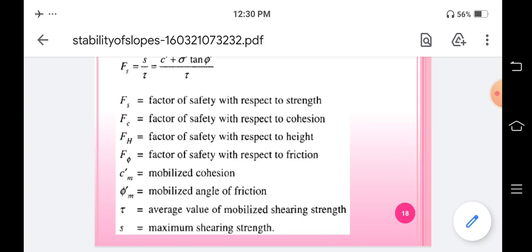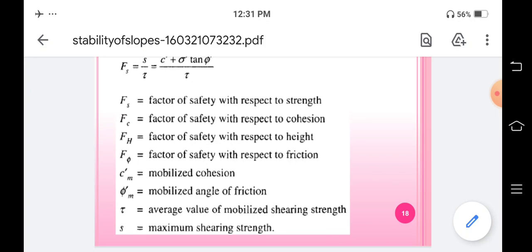First, with reference to shear strength, we call it Fs. Second, with respect to cohesion, we call it FC, C for cohesion. Then for internal friction phi, we call it F phi. And with respect to height, we call it Fh.